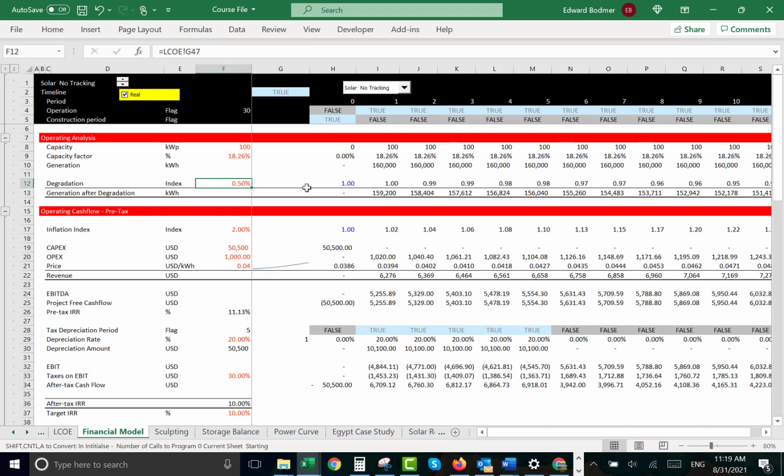We can put a degradation in, and you could even put a standard deviation around the degradation, but that's a little bit different than the pure standard deviation of the yield. And then we'll get a lower generation, and then we'll have to put our OPEX in and our price, and we'll get a cash flow. We'll have to basically go through the whole thing and get a cash flow for our P90 case.